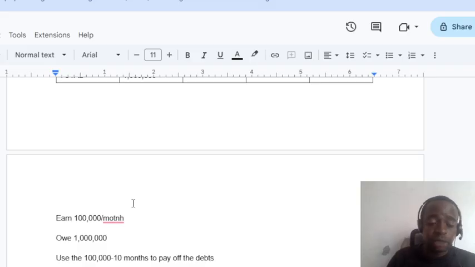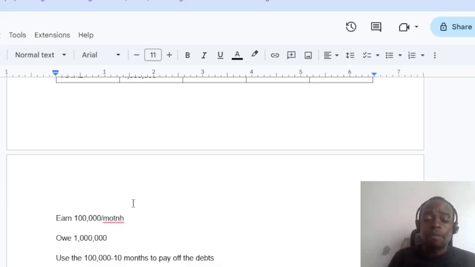Now, realistically, if you're earning 100,000, you'll probably be able to save 50,000 and leave off the 50,000 per month. And so it will take you double, which is 20 months. 20 months is approximately, let's say, 1 3/4 years, because 2 years is 24 months. 1 3/4 years to pay this debt.